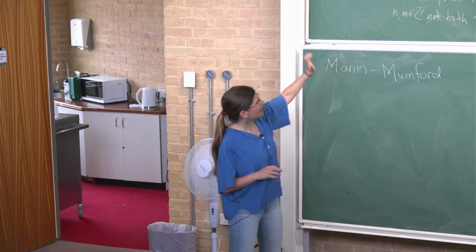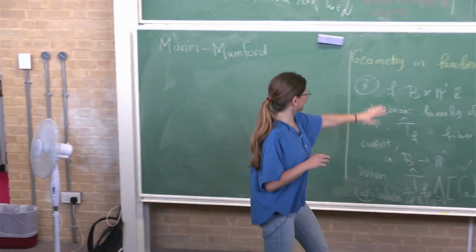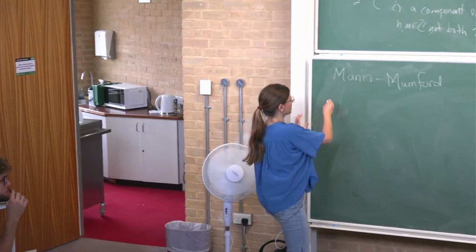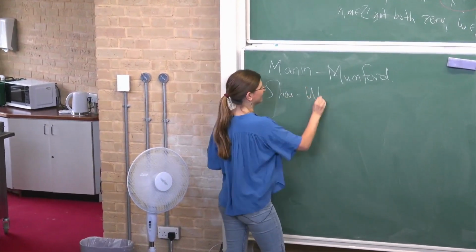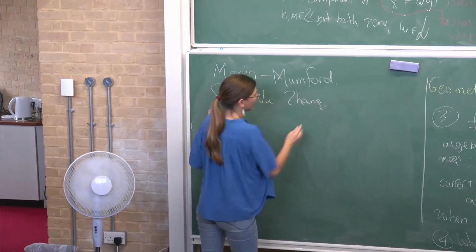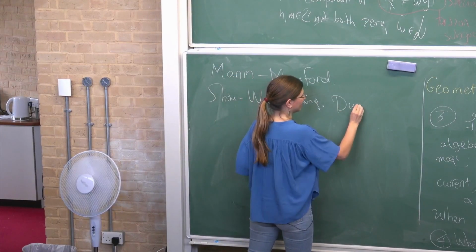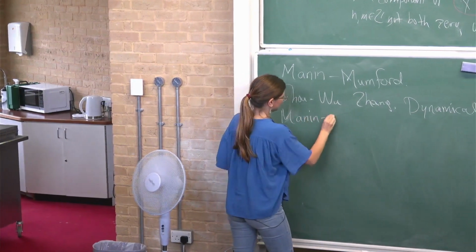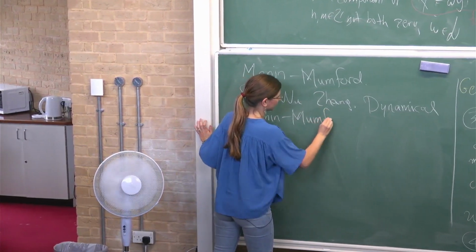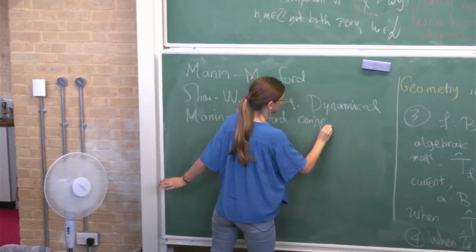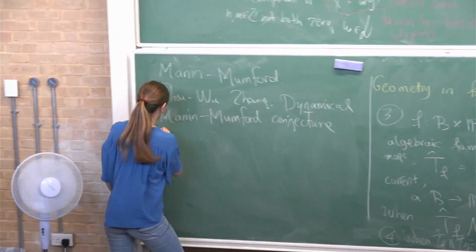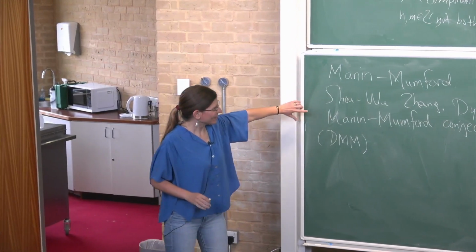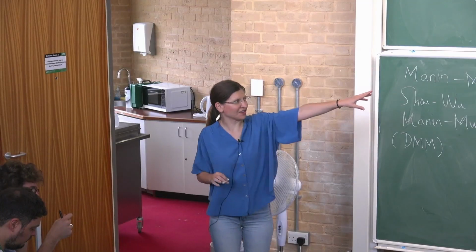But dynamically, when considering these split maps or other maps, the question was posed by Shouwu Zhang and was called the dynamical Manin-Mumford conjecture, which I write as DMM. Zhang didn't only consider these maps.